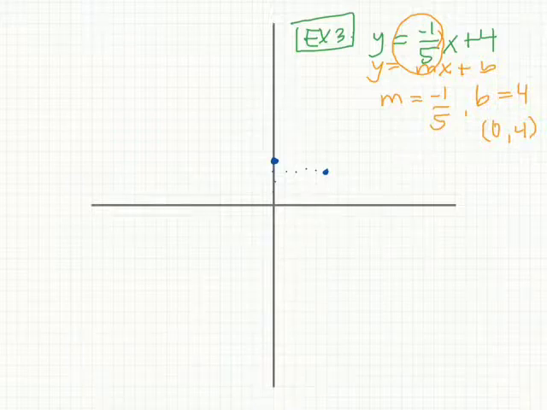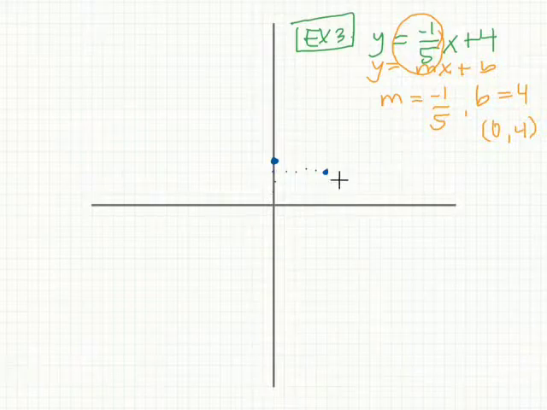Now, you could go down 1 and over 1, 2, 3, 4, 5 again and form a point, but I want to show you a different way to do it. So let's say your graph kind of cut off right here, and you didn't have enough room to go and do another point over to the right. So you have to go up to the left instead.